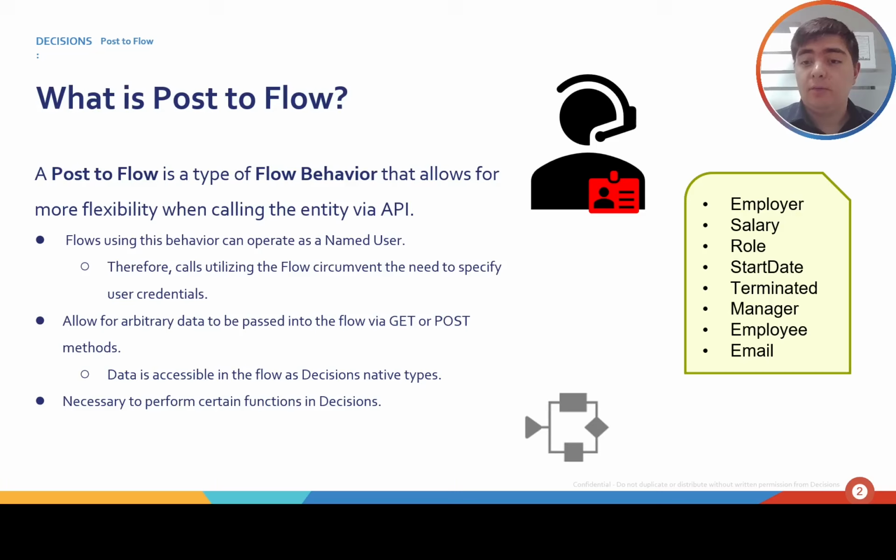So this is where some of that flexibility I alluded to comes in. It is also necessary to perform certain functions in Decisions. The key one that we will be discussing in this video is how to import file data into a flow. So we'll go over how you utilize the post-to-flow handler for that action.